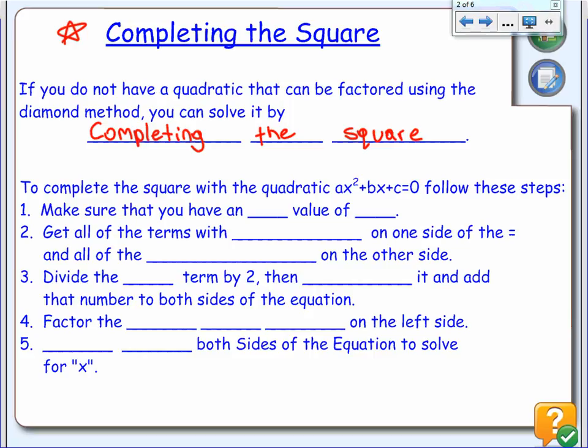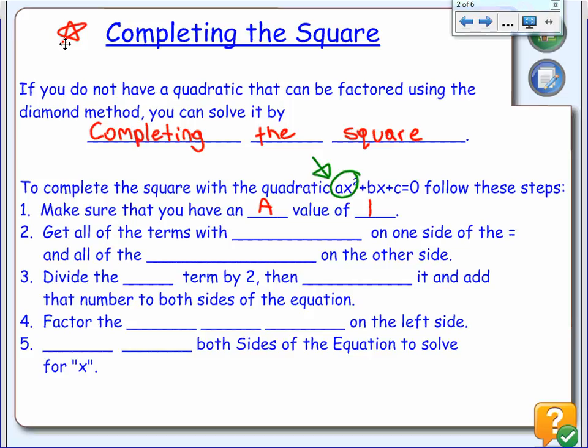The first step, and it's very important, is make sure you have an a value of 1. So this little value right here in front of the x squared always needs to be equal to 1 for our completing the square method to work.